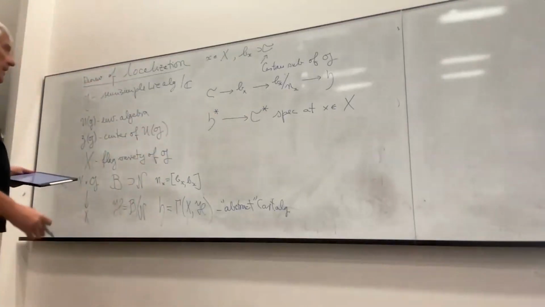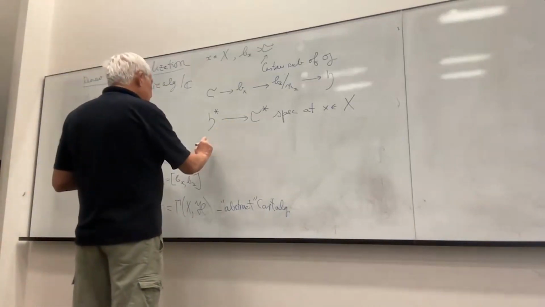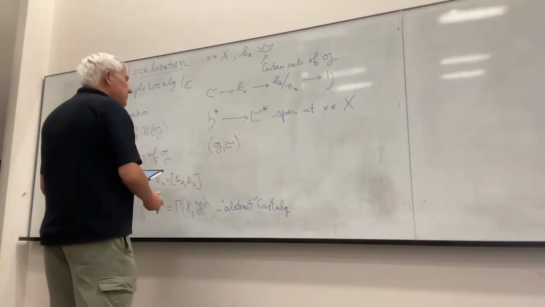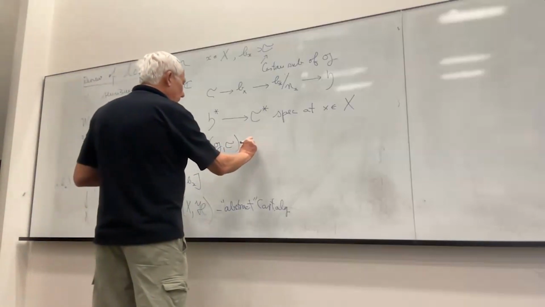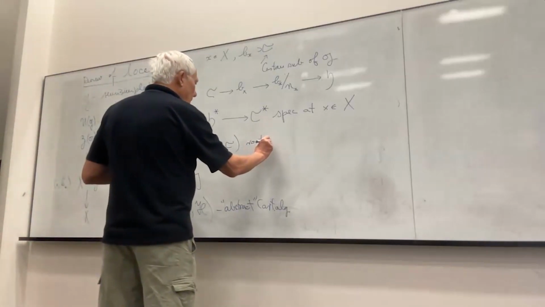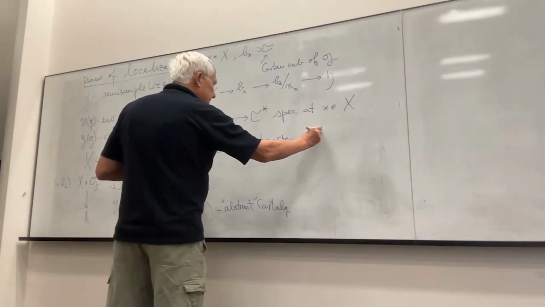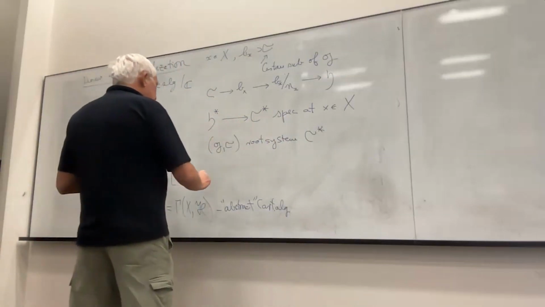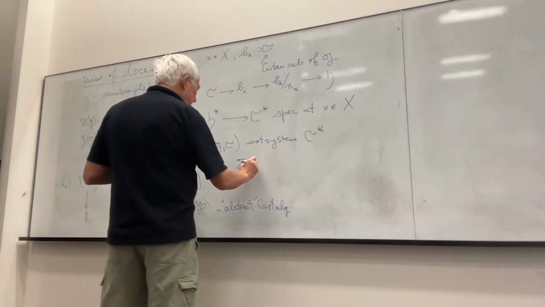This specialization has the property that I can look at the root system of g with respect to c, and any such root system is of course in c star, and by specialization, it's identified with a root system in h star, which I will denote by sigma.